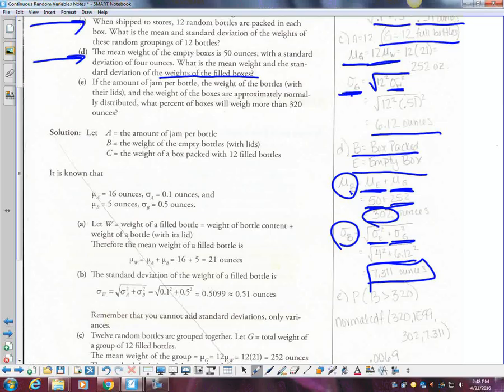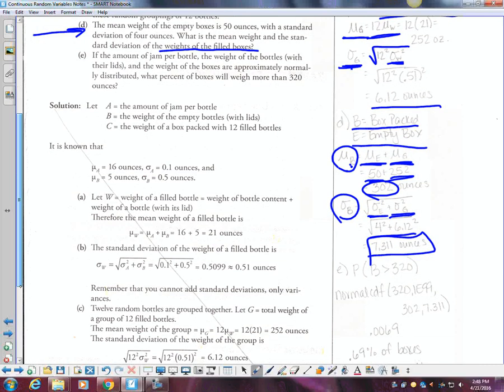The curve and what command on your calculator? Normal CDF. I want to know, how big is the cake? How big is the piece of cake? What percent of boxes will weigh more than 320 ounces?